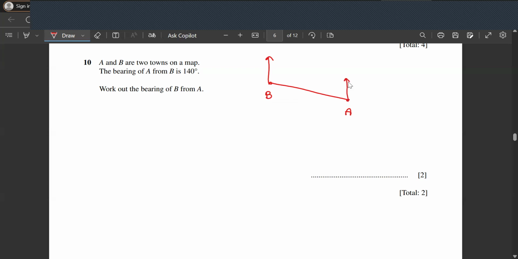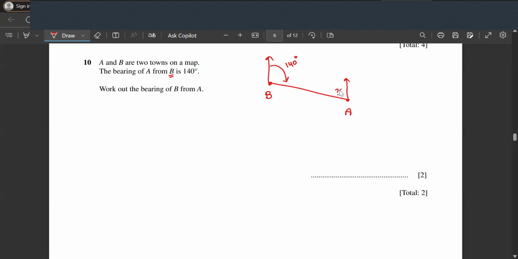He said the bearing of A from B. That means I'm standing on B and looking to A. So I'm standing here on B and looking to A from the right side like this. This is 140. Any problem? He needs to work out the bearing of B from A.